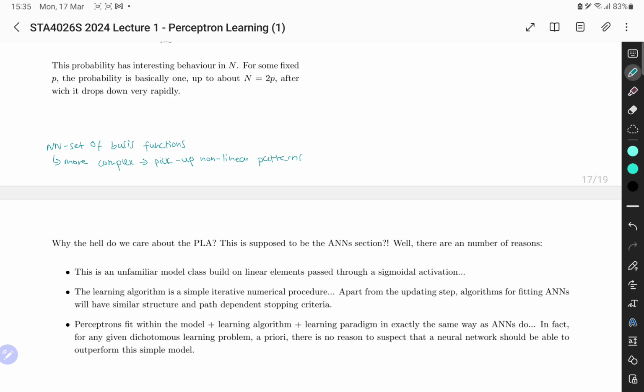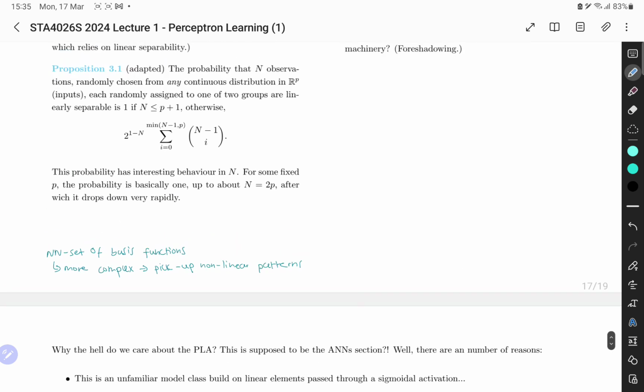That's the number of inputs you have, and that's the number of observations you have. Can you see that this graph is completely independent of how the data were generated? It doesn't matter that the pattern is nonlinear. If you have enough dimensions for the input space, the probability of being linearly separable is 1.